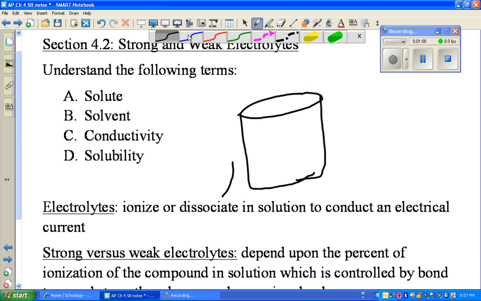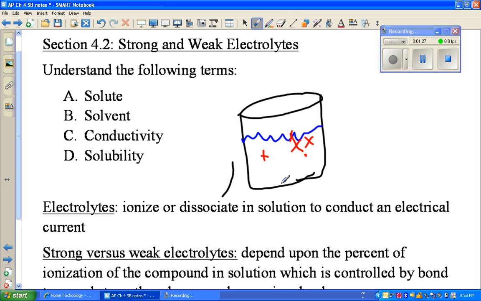So I have water in my beaker, and I'm going to take some plain old salt and dissolve that into here, and I'm going to represent that by little X's. So we have these ions that are separating in here, and we have lots and lots of space, and so I'm able to create a solution.